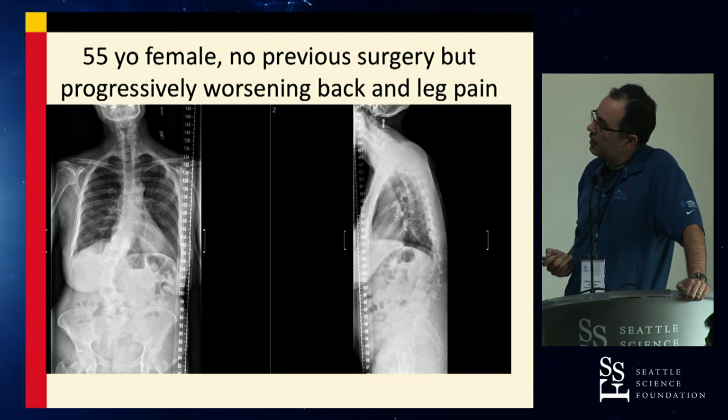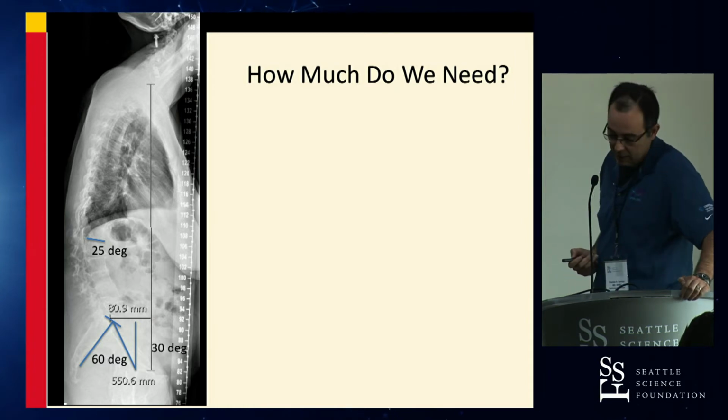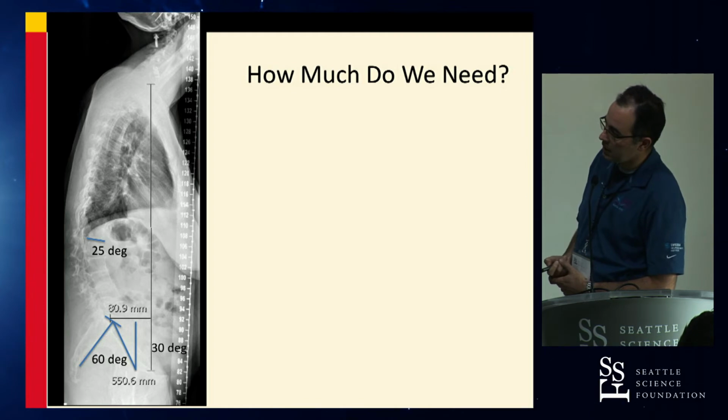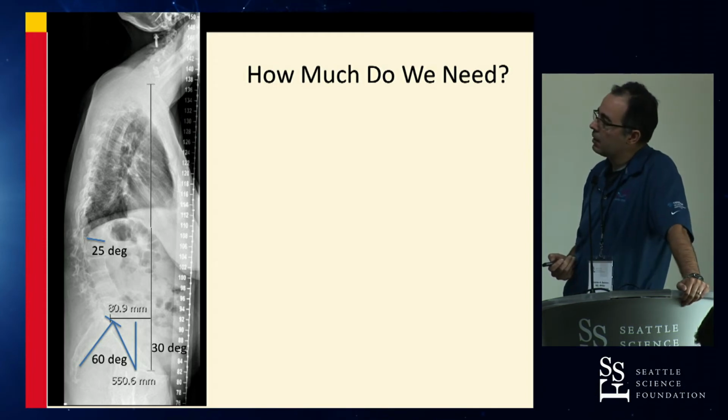So this is a 55-year-old female, again, with significant scoliosis, worsening back pain and leg pain. She had a 60-degree pelvic incidence, and as you can see, she has only 25 degrees of lordosis, and her pelvic tilt is normal.